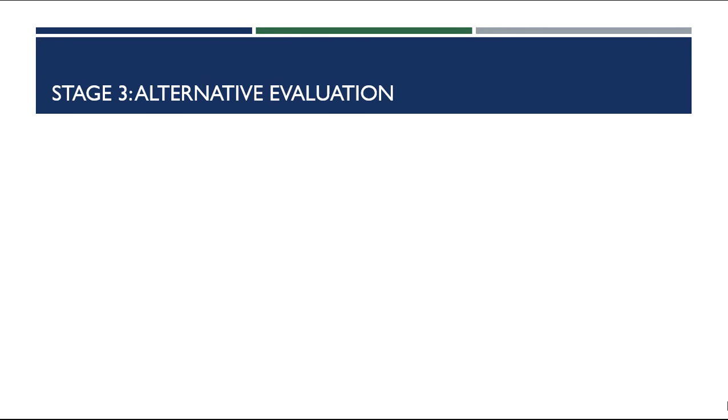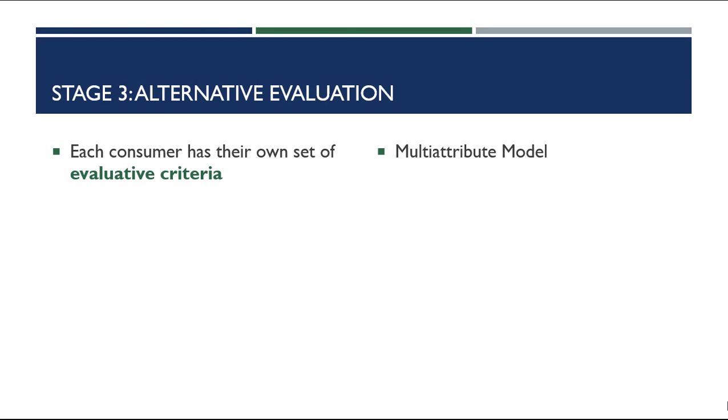Stage 3 of the consumer buying process is the alternative evaluation. Every customer has a set of evaluative criteria that they use when they make a decision. And evaluative criteria are the attributes of a product or service that we use to evaluate alternatives.